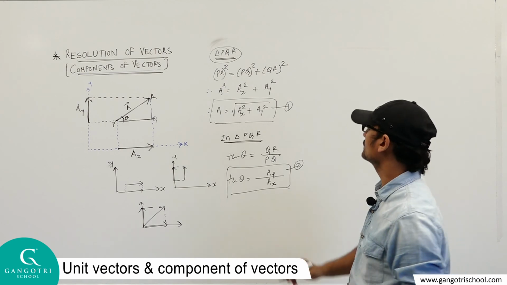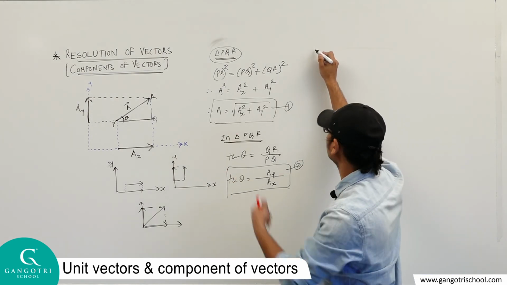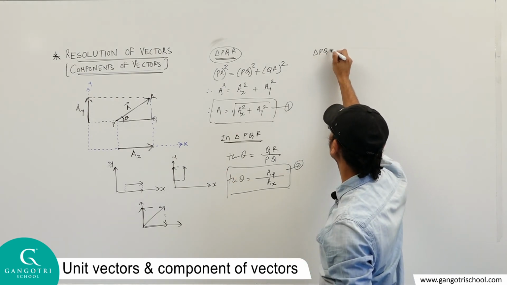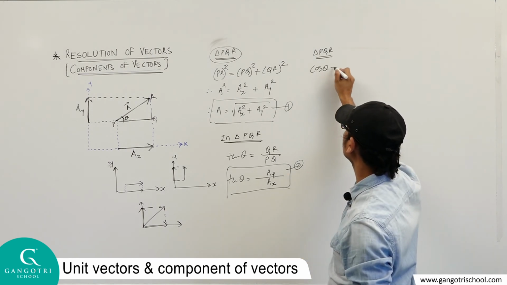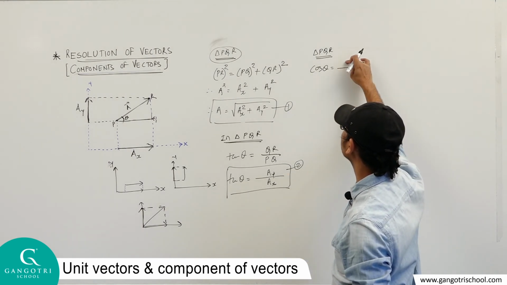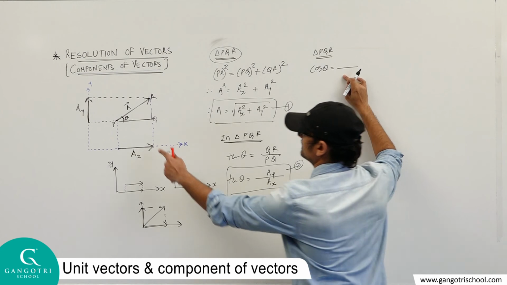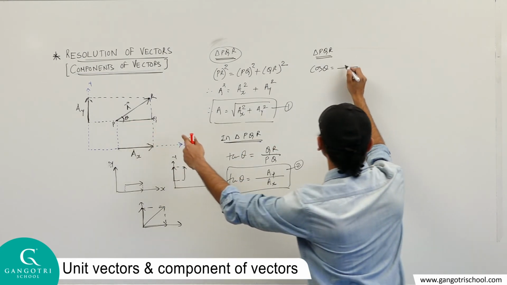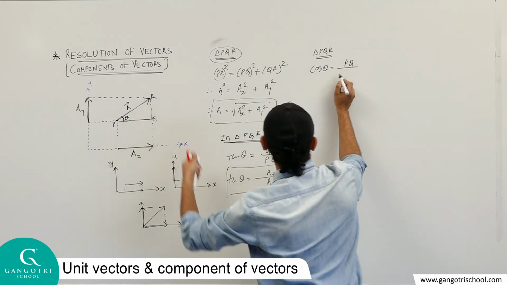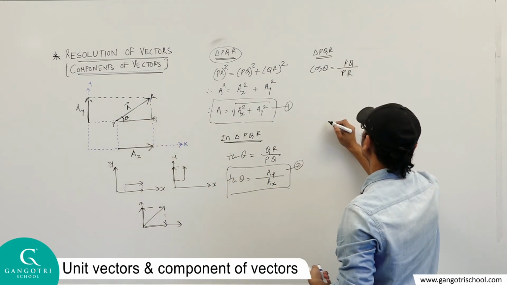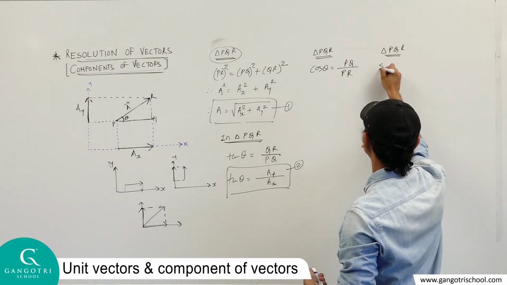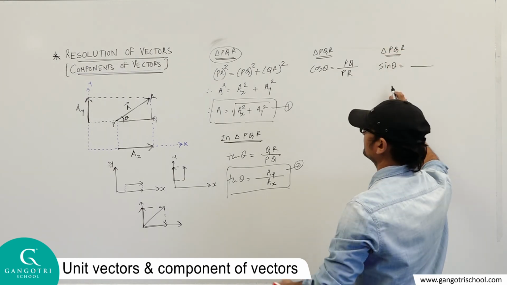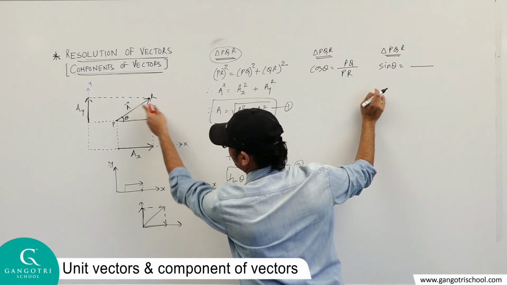Now, most important, I'll use again the same triangle PQR. This time I'll use the cos function, cos theta. You should know cos means adjacent side upon hypotenuse. Adjacent side means PQ, hypotenuse means PR. In the same triangle PQR, I'll use the sine function also, sine theta means opposite side upon hypotenuse.